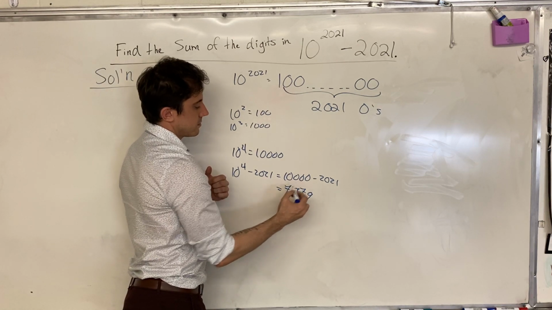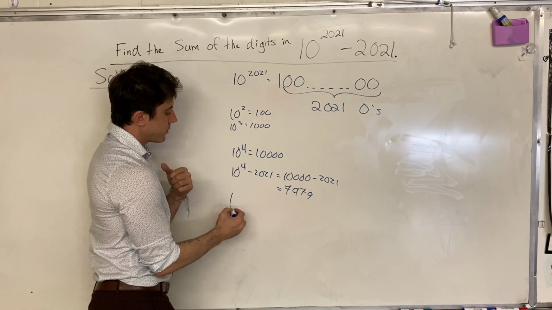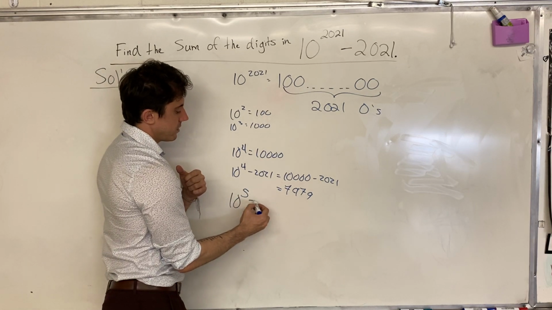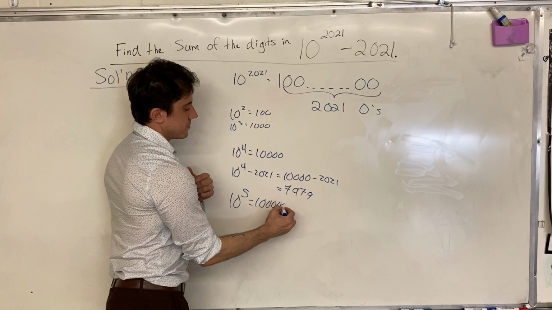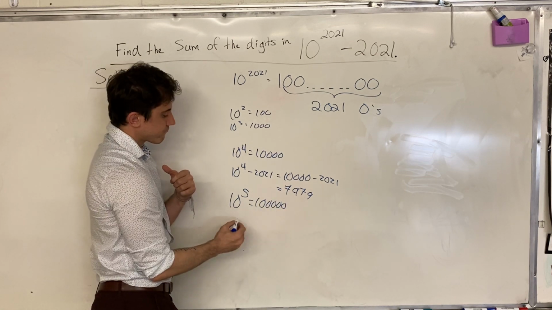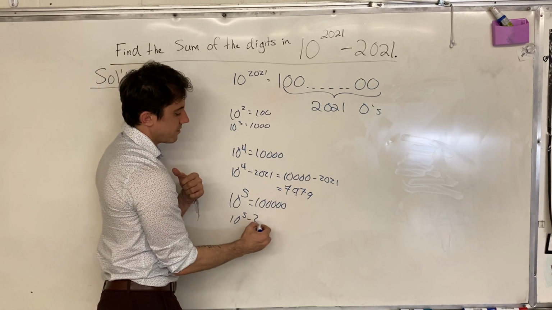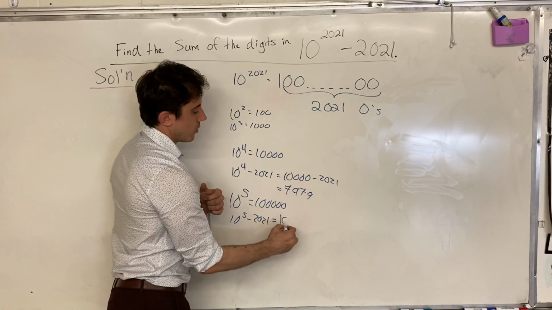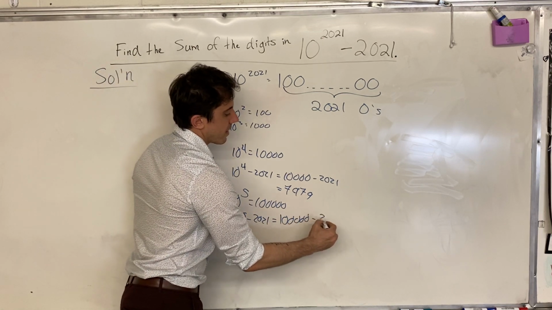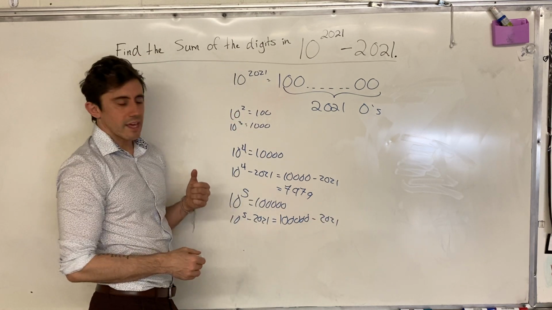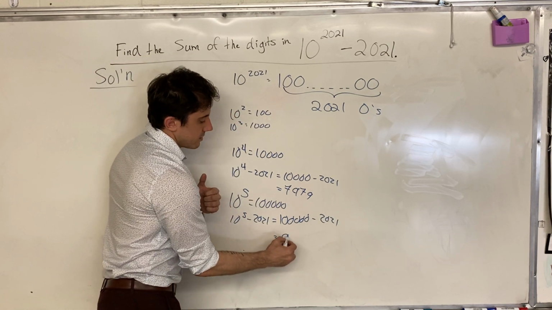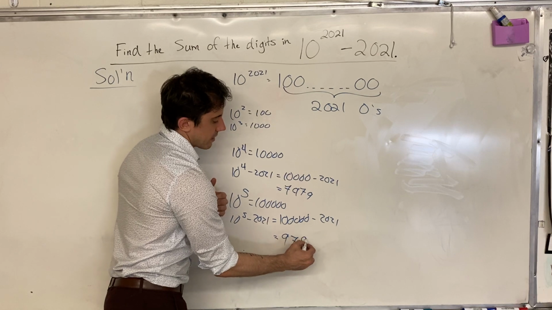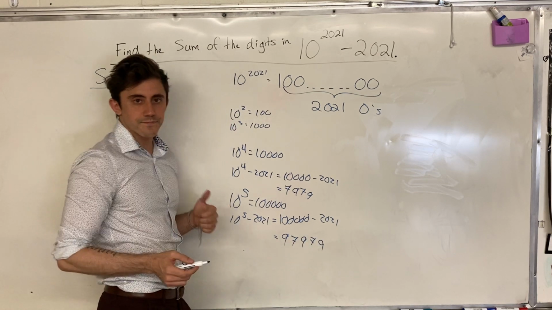That is 7,979, okay? Now, if we look at 10 to the power of 5, which is 100,000, 1 with 5 zeros, then 10 to the power of 5 minus 2021 is 100,000 minus 2021. And if we evaluate this, we get 97,979.